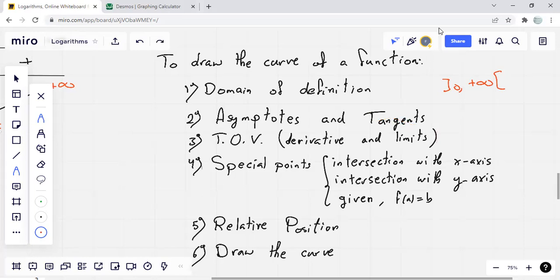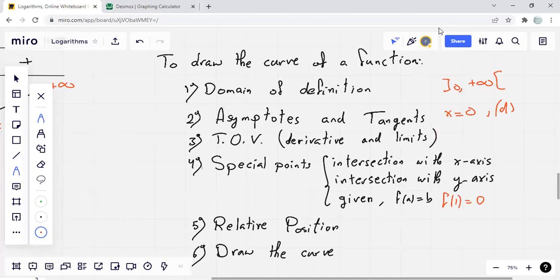Asymptotes, we have two asymptotes. The line of equation x equals 0, which is the y-axis, and the second line D, which we already drew, which is the first bisector. The table of variation we already made: the derivative and the limits, so we filled in those values too. And then the fourth step is to put the special points. We see when the curve intersects the x-axis, when it intersects the y-axis, or if there are given points. For example, in this exercise it gave us that f of 1 is equal to 0.